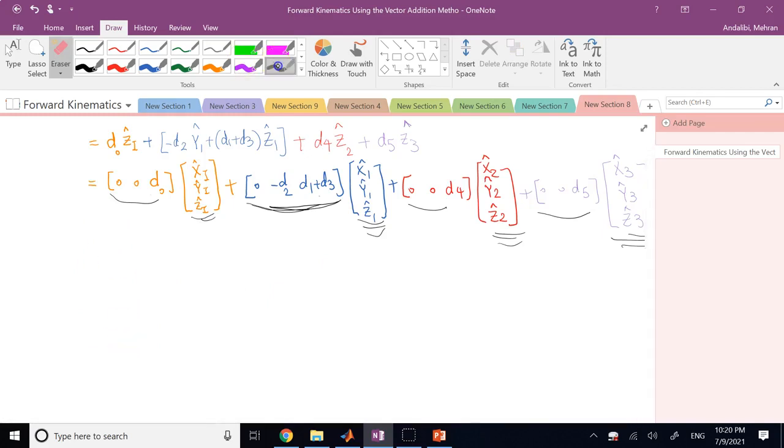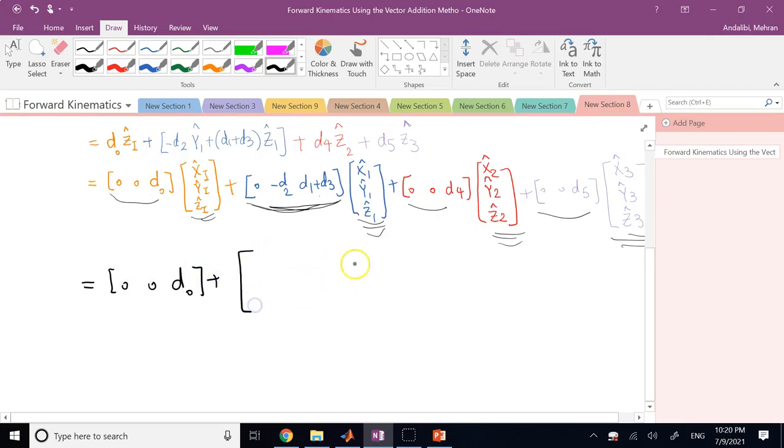So I can replace that now and say, hey, this is equal to this 0 and 0 and the naught. Add this to what? I can write them as column vectors if I want to add them as well. Multiply this by a rotation, what? Let me write it this way. By a rotation z and angle theta 1, multiply this by this guy here.